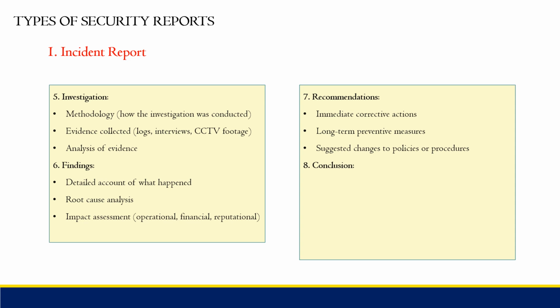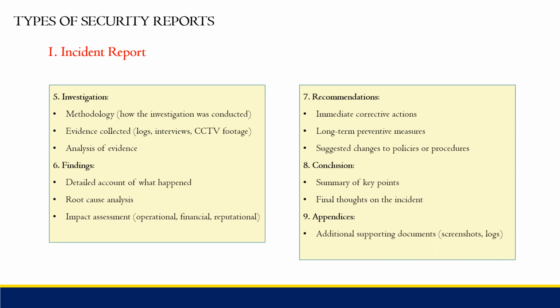Number 8, conclusion, which comprises a summary of key points and final thoughts on the incident. Number 9, appendices, which includes additional supporting documents, for example screenshots and logs, and contact information of involved parties.